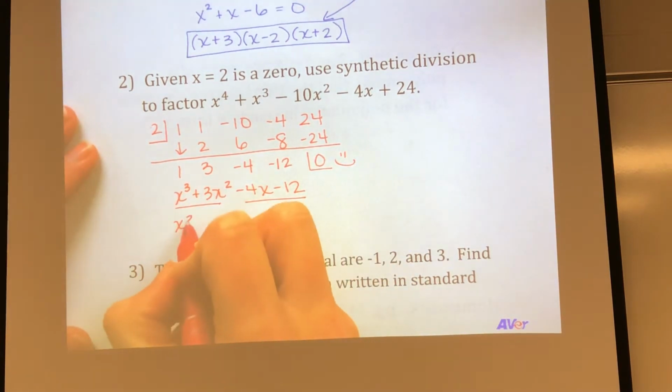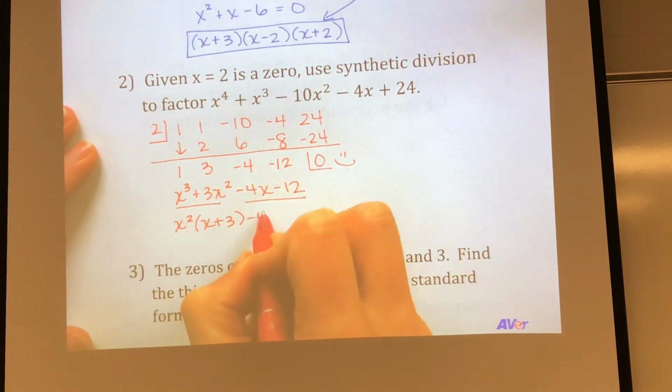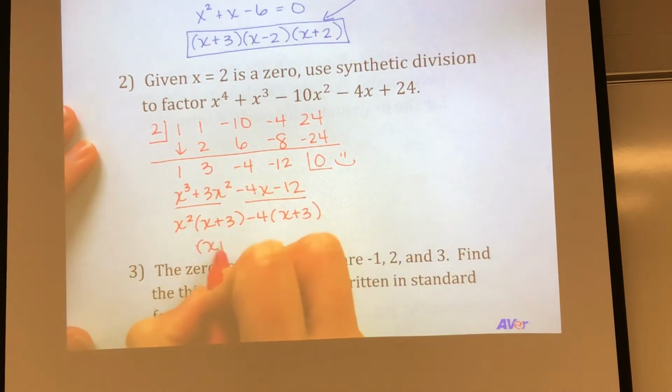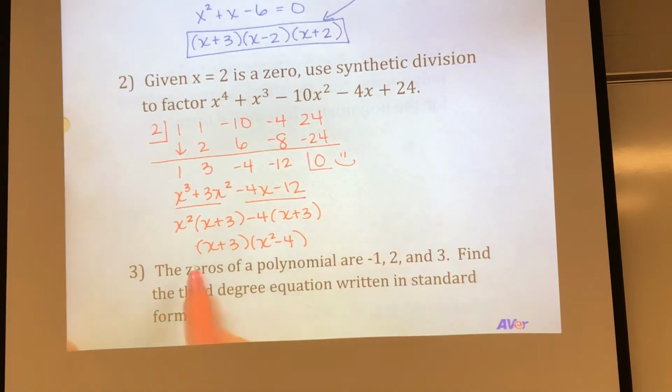So we have x squared times x plus 3 minus 4 times x plus 3. That gives us x plus 3 times x squared minus 4. That's the factorization of the cubic, but we want to include our original, so we're going to need that 2 to come down and become a factor.